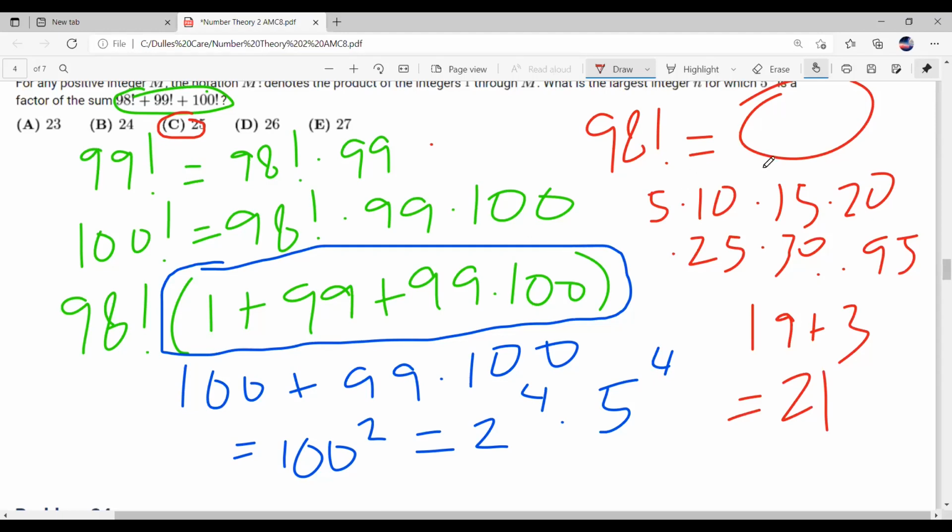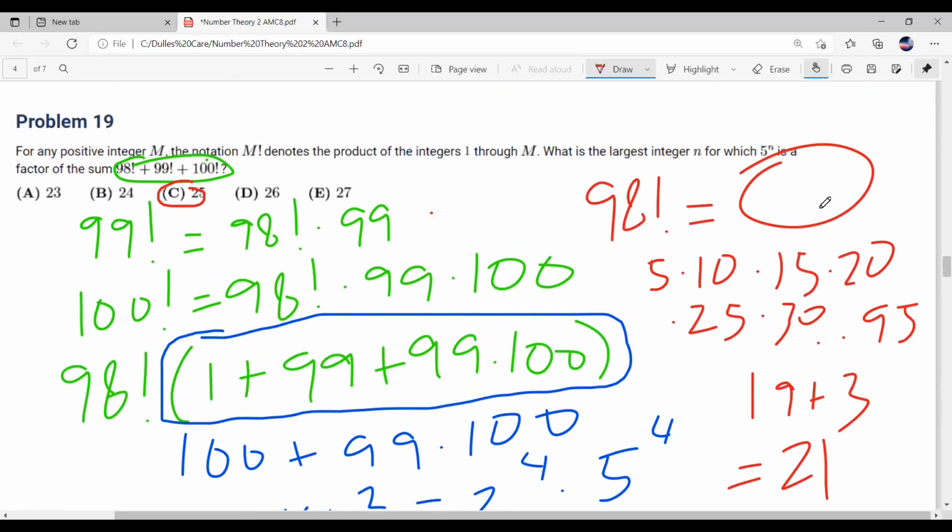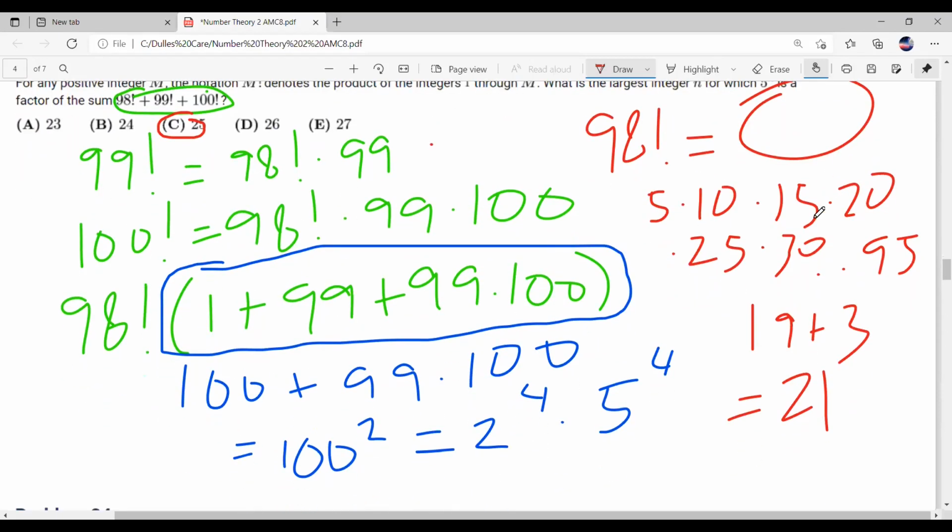So does anyone understand what I just did, especially for the 98 factorial part? Basically, what I was trying to do is count the number of multiples of 5 that are less than 98. So there are 19 of those, right?